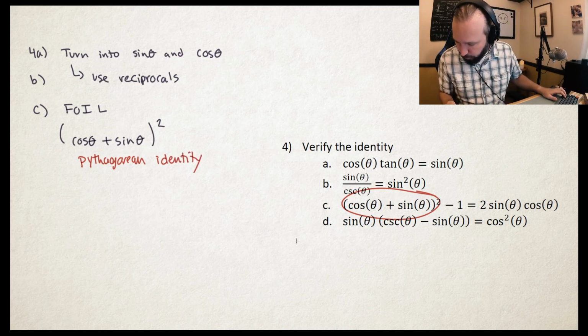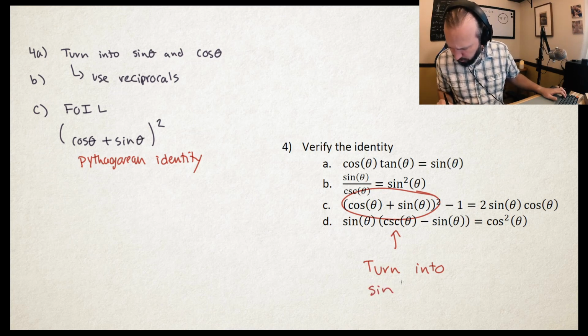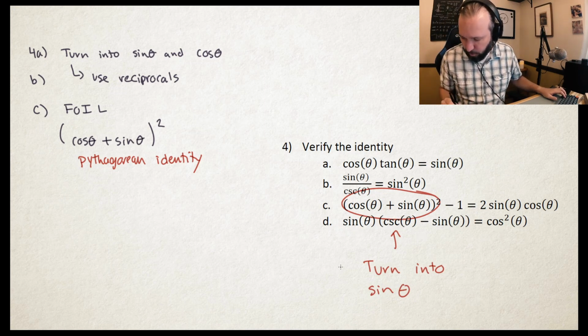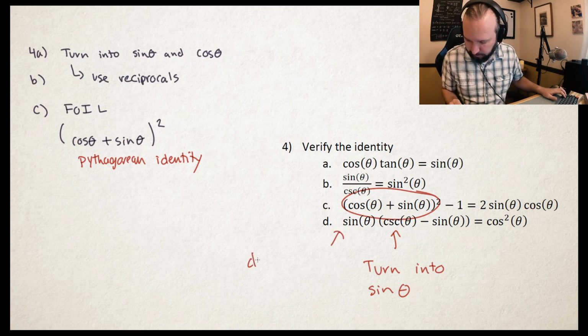And then for part D here, you need to just turn into sine and cosine. Actually, this one, cosecant, you're just going to turn this basically into sine. Wait. Yeah. And then distribute this.